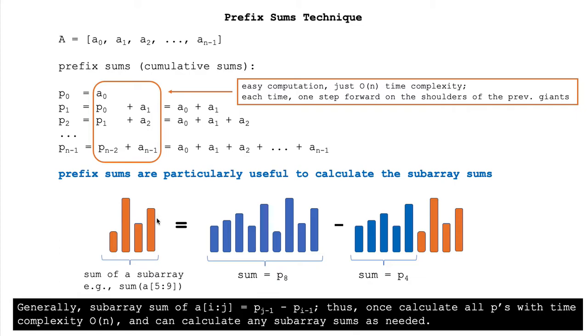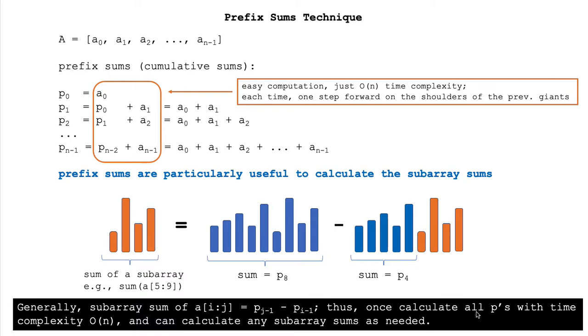As you can see here, in a zero-indexed array, the sum of an array slice from elements 6 through 9 is simply P9 minus P5. Generally, the subarray sum of A[i, j] can be calculated using the difference between two prefix sums.